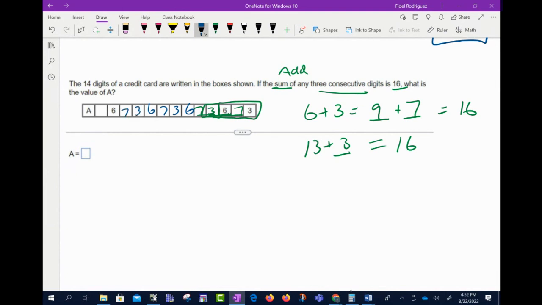So right before the 6 is a 3, and right before the 3 is a 7. So the value of my A there is a 7, right? And I'm just doing a little pattern. 673, 673, 673. If there's a 3 here, right in front of the 3 is a 7. There's my 7. Okay.